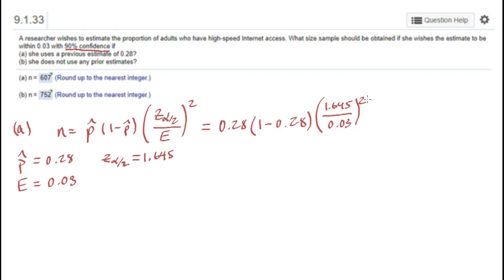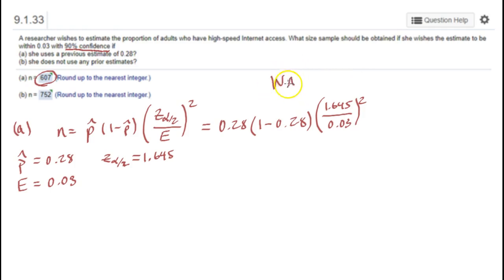I don't actually have a calculator in front of me, but you'll notice that the solution is right here, 607. And I just know that the value you'll find for n from this calculation is not going to be exactly 607, but it'll be less than 607, but greater than 606. You always round up to the next whole number. Never round down. That's the tip.